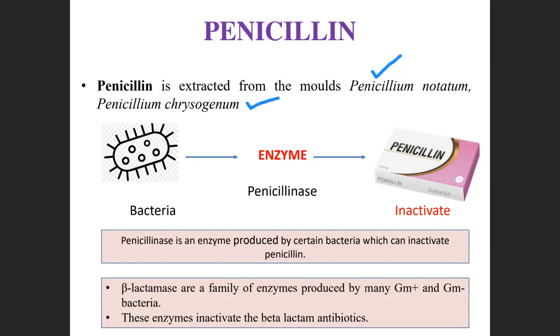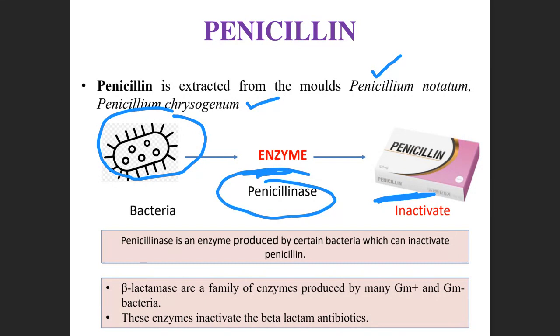So this is the drug which is extracted from the mold. When it is made into a culture, in a biosynthetic process, it becomes penicillin. And the enzyme is penicillinase.